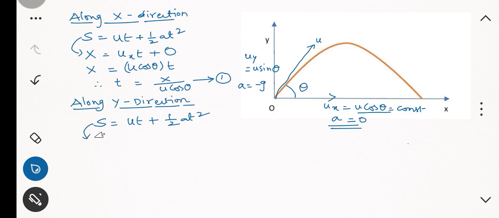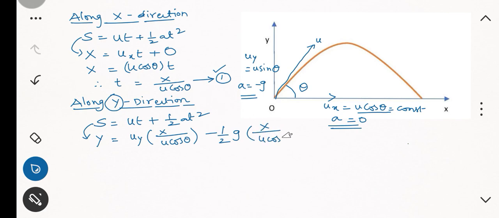Here s can be replaced by y, because the motion is along the direction y. y is equal to uy into t, where t is substituted from expression 1, x divided by u cos theta, minus half g, because a is equal to minus g along the y direction, into t square, that is x by u cos theta whole square.